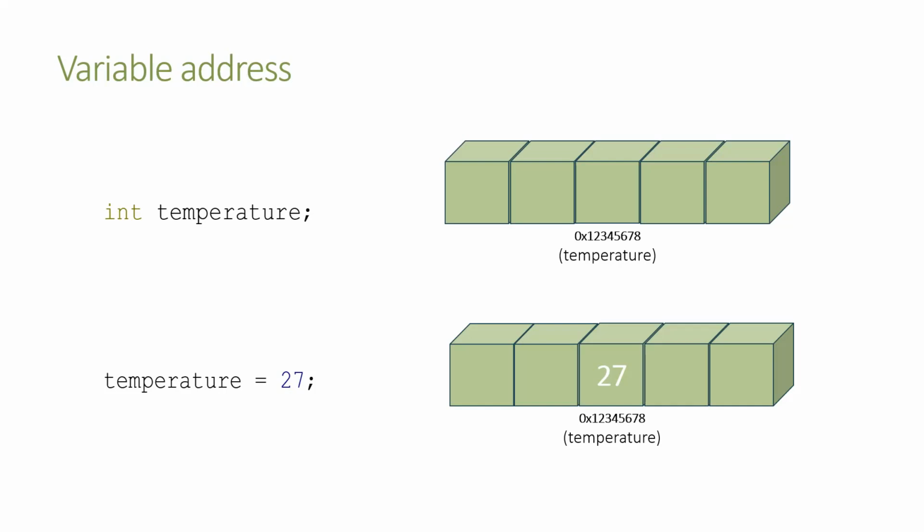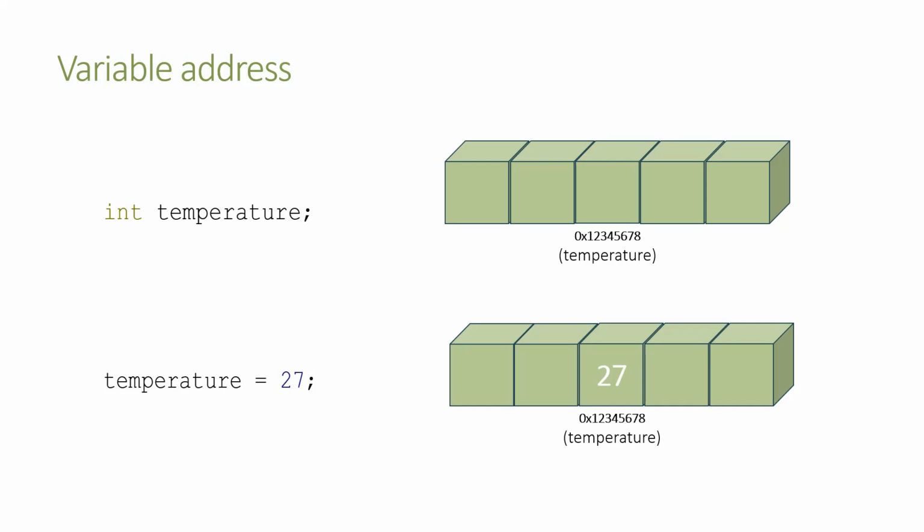For example, by declaring a variable like int temperature, you set aside a 4-byte space in memory for storing an integer. What this does is set aside a little 4-byte space in memory just for storing an integer. Now, the actual address of this temperature variable could be anything like 12345678 or something else, but that doesn't really matter to us.